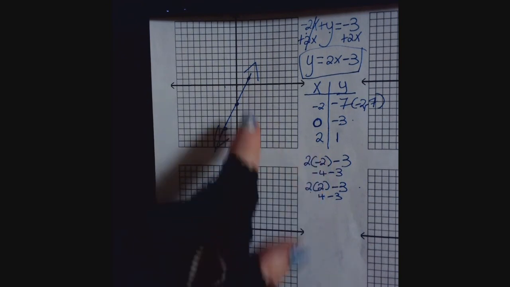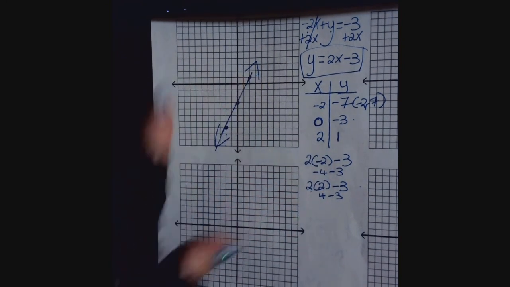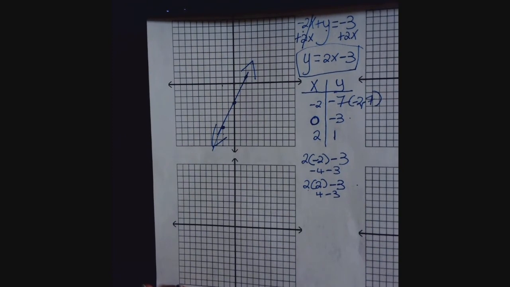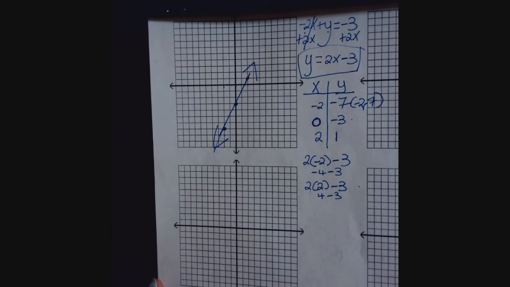So when you have arrowheads on, that means you're saying the line continues on forever. It's very important. If you don't put arrowheads on your lines, that means you're saying the line stopped. And so that will make the difference between it being correct or not correct. So putting arrowheads on the ends of your lines makes a huge difference.